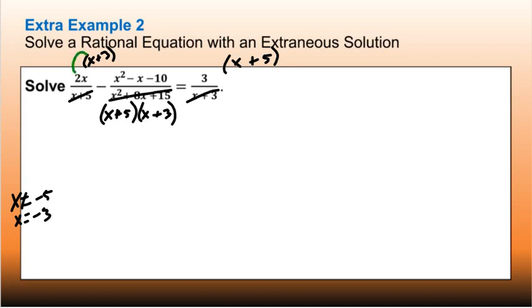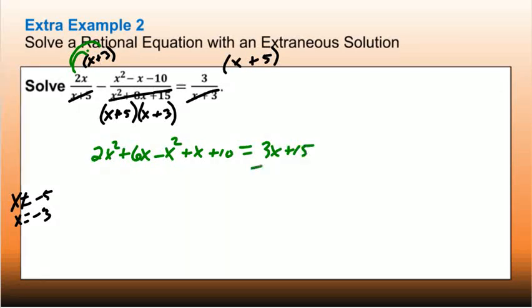So distribute, this will give me 2x squared plus 6x minus x squared plus x plus 10. Now I'm just distributing a negative 1 there, equals 3x plus 15. Get everything to one side.